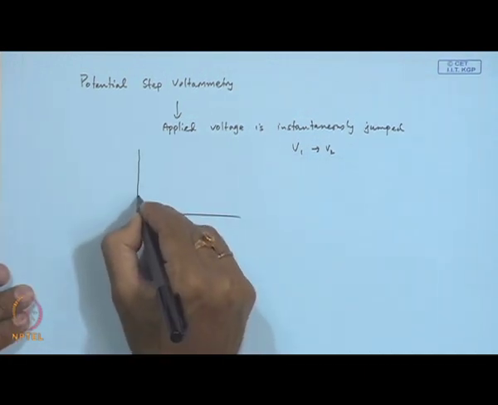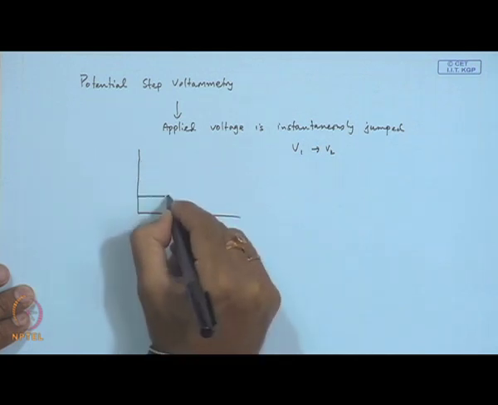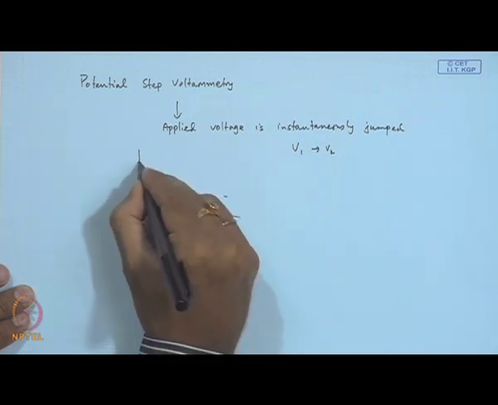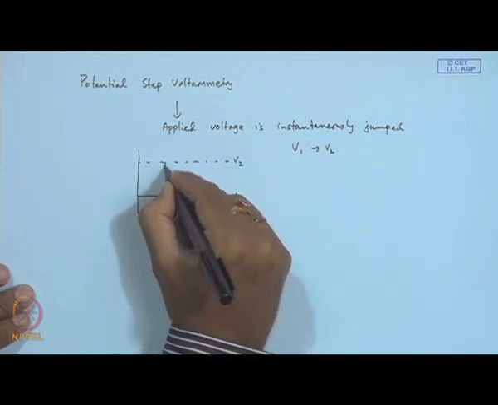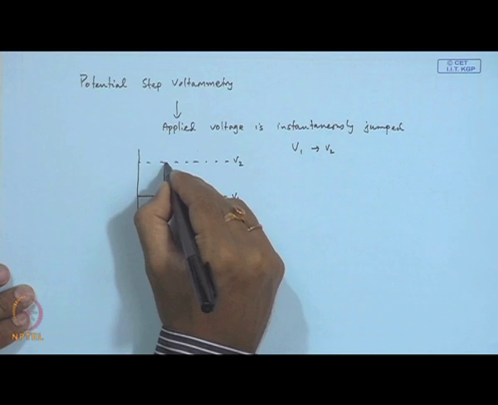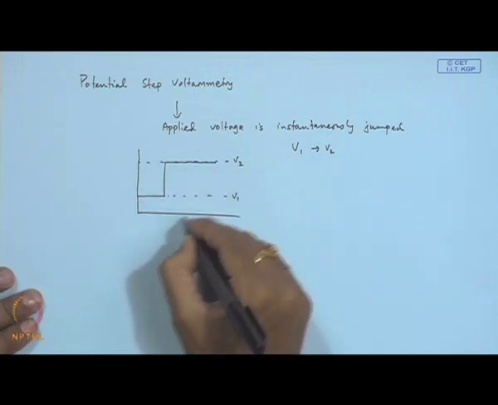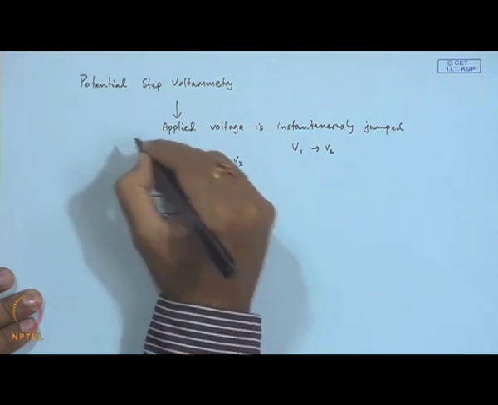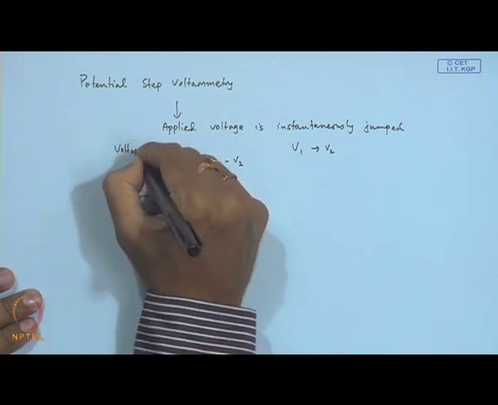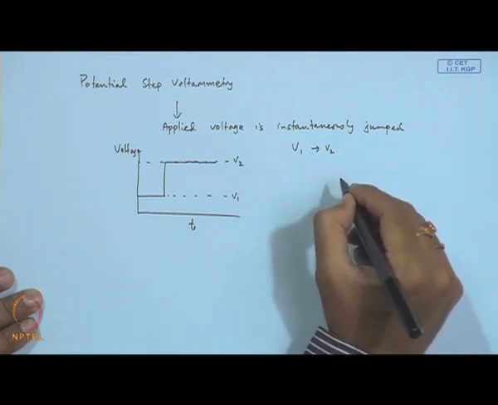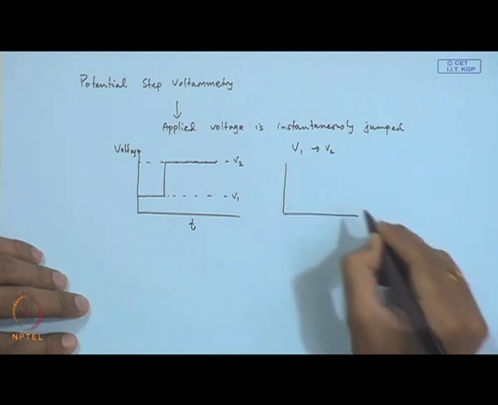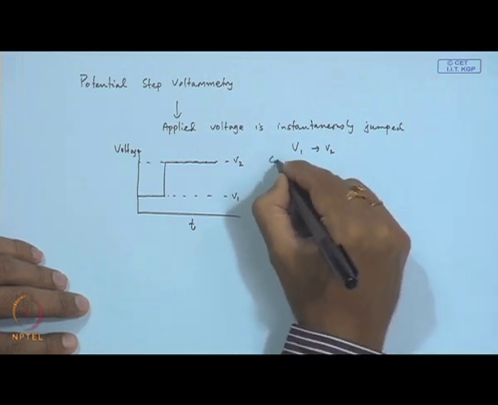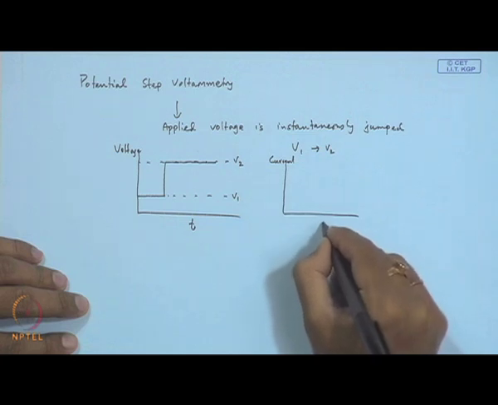Plotting voltage against time, it jumps instantaneously from V1 to V2, and you measure the current as a function of time.